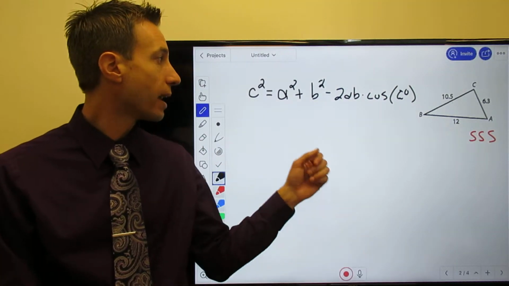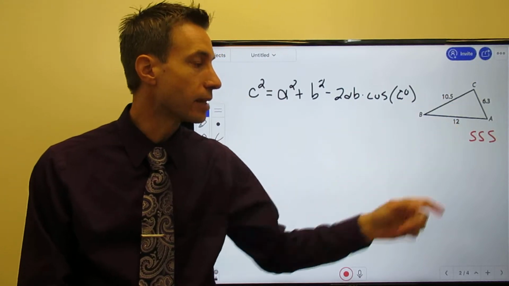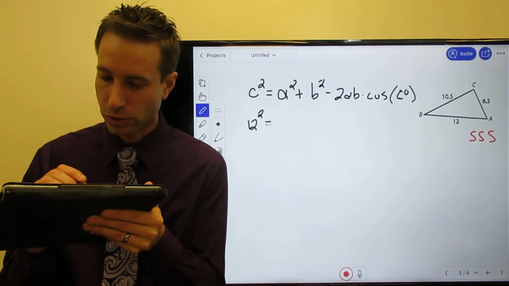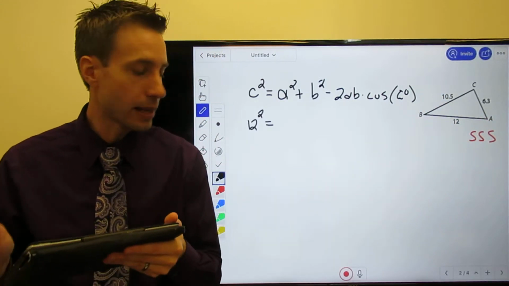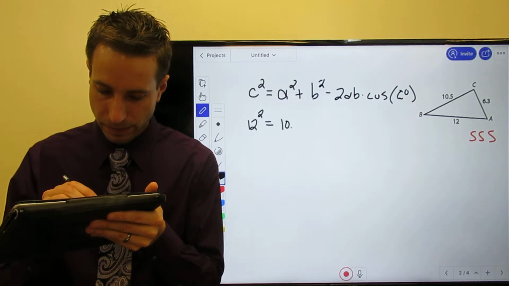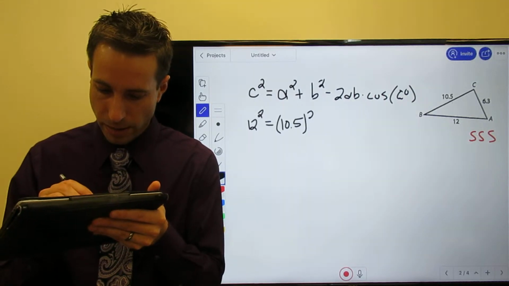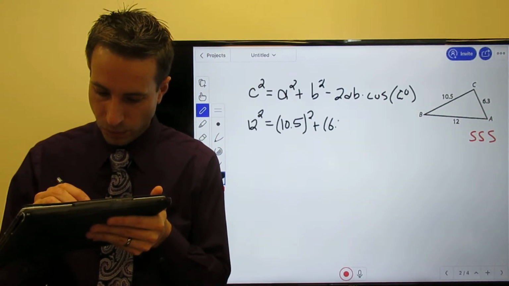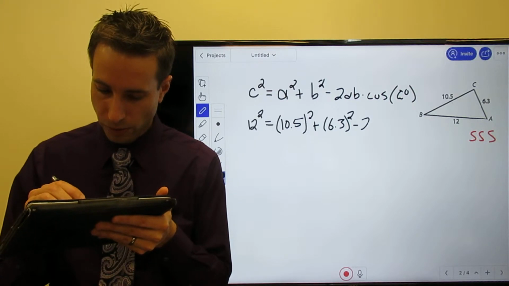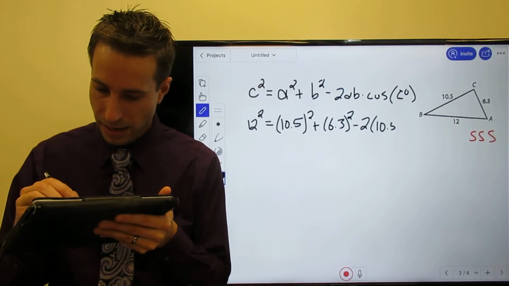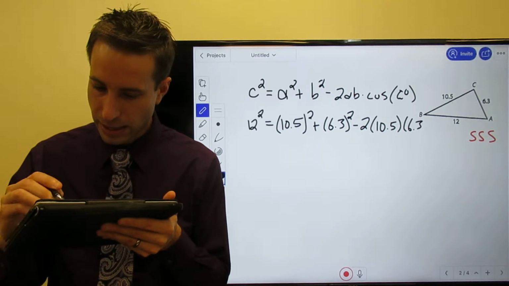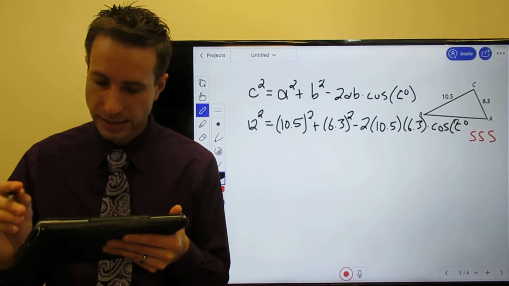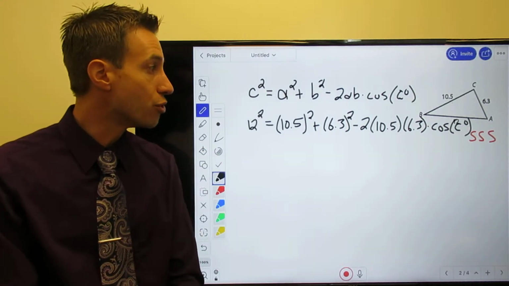So here we go. What is the length of side c? There's angle C, so side c is 12. We're going to have 12 squared is equal to, there's angle A, so a is 10.5, which will be squared, plus there's b, so 6.3, which will be squared, minus 2 times 10.5 times 6.3 times the cosine of angle C. All right, what is the only thing I don't know in this problem?